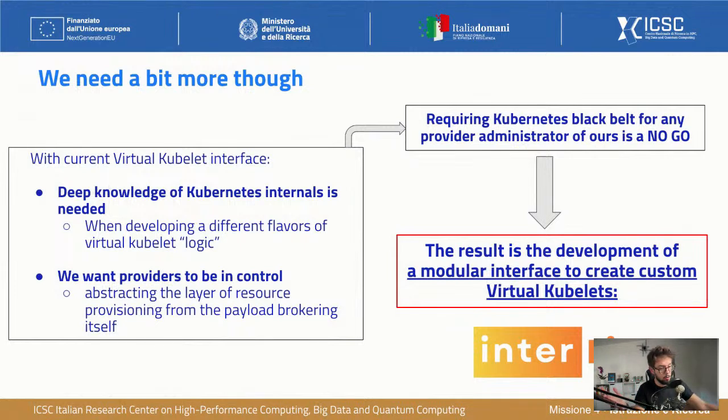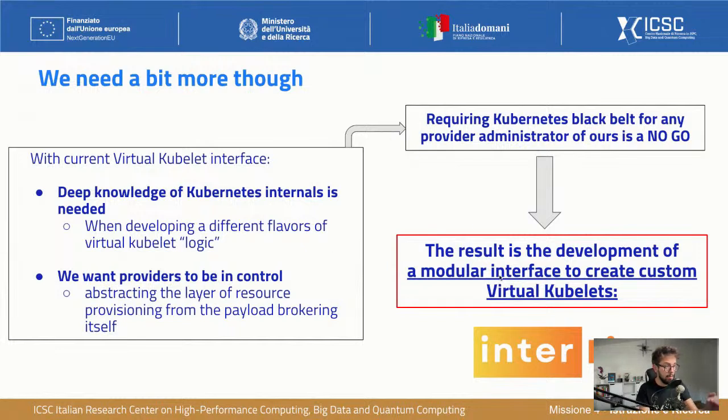So you have to convince different sites to create their own providers, and this is not something that we believe is a winning strategy. We need our providers to be in control, to provide the resources in the way they prefer, but at the same time the skill level required to create this kind of logic should be the lowest possible. And this is not the case for the native Virtual Kubelet provider interface.